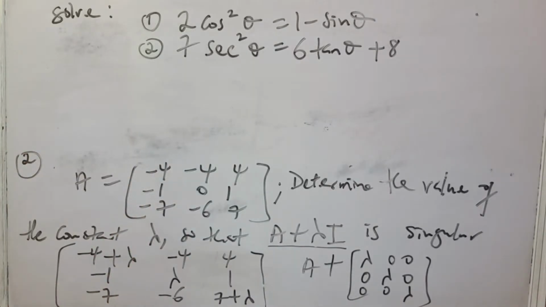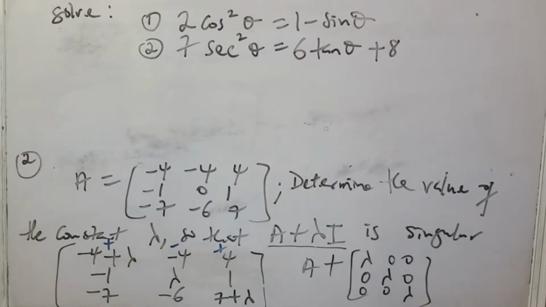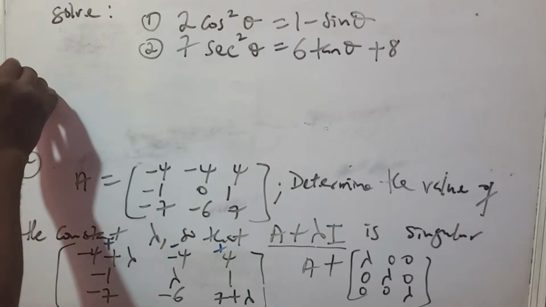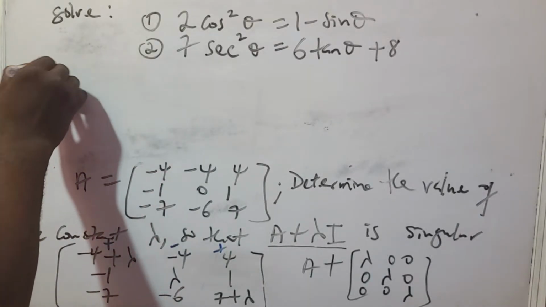The first method said we're supposed to put in a plus minus plus here, based on the method we're using. So we'll be having plus, now we have minus 4 plus lambda.